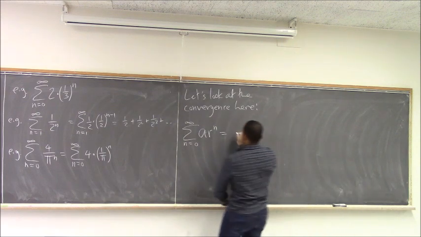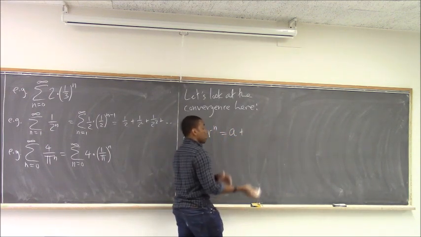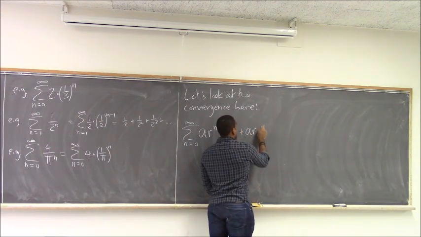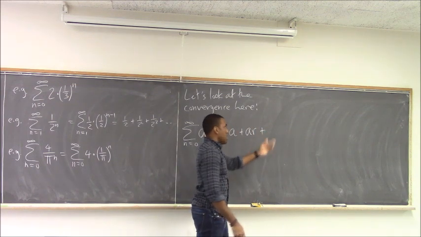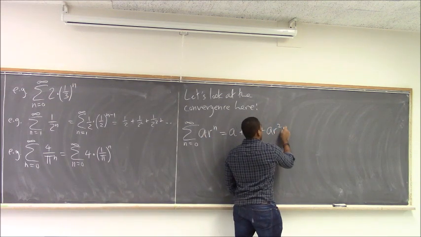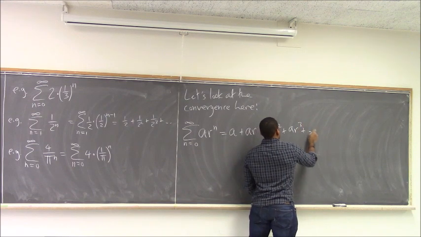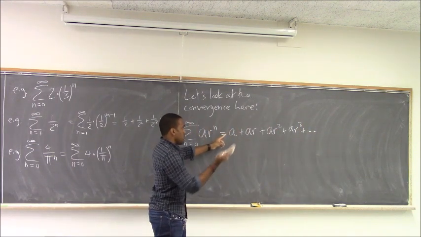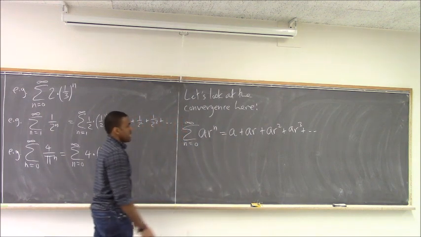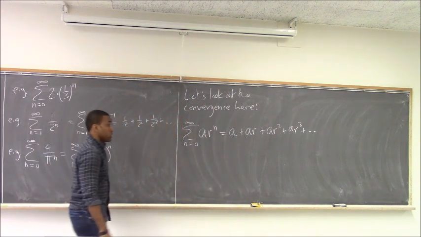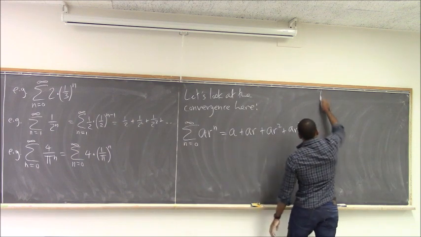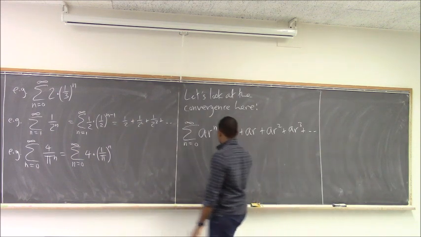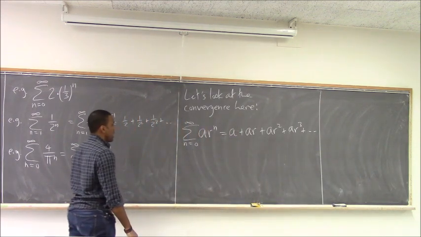It starts out with a, plus a times r, plus ar times r, plus, and so on. So it starts off with a number and keeps multiplying by r to get successive terms. Things like that are called geometric. Now, let's actually figure out when this guy converges.